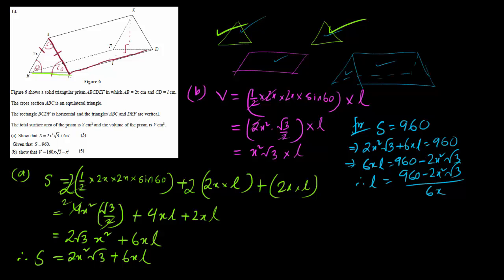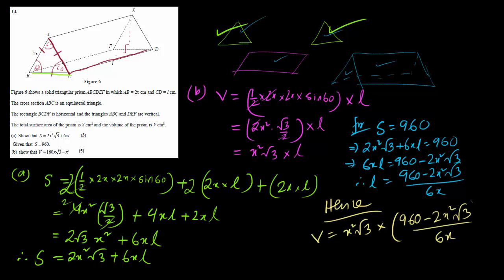Now we can get back to the sum and we can write, hence, volume equals x squared square root of 3 multiplied by L, which is (960 minus 2x squared square root of 3) divided by 6x.